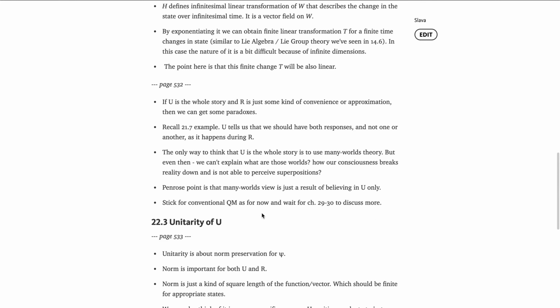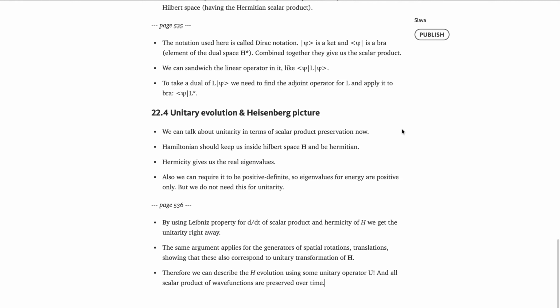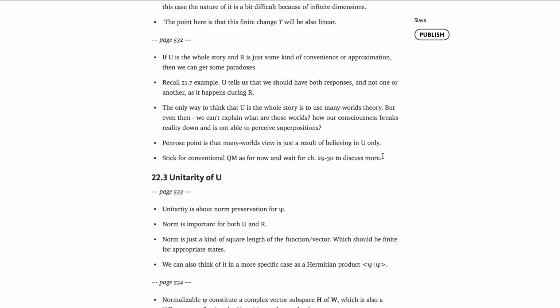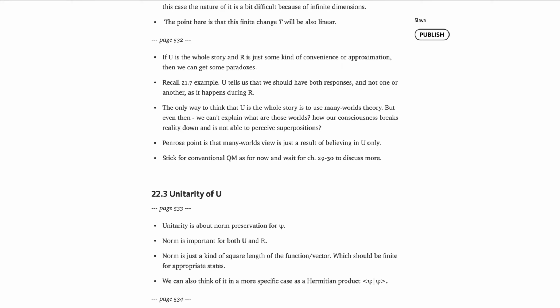For example, for the cat we have a cat state and an atom state, like cat alive and atom radiated, right? And that's what I mean by entanglement.